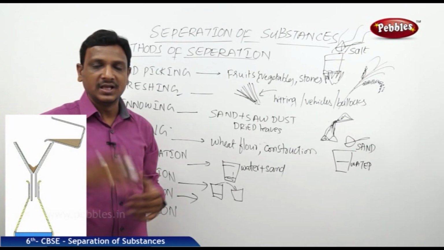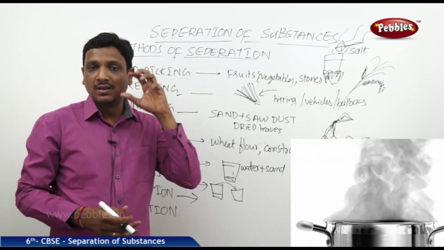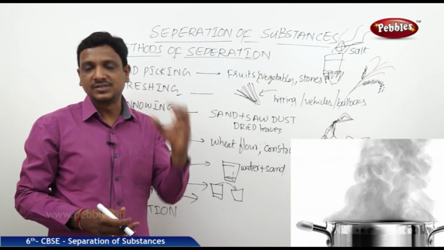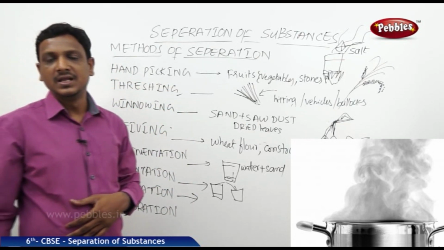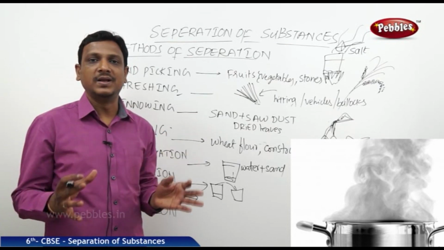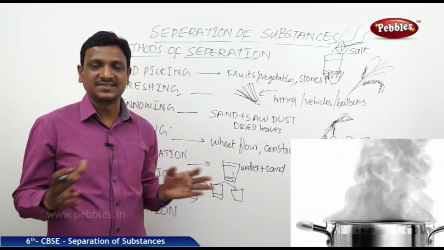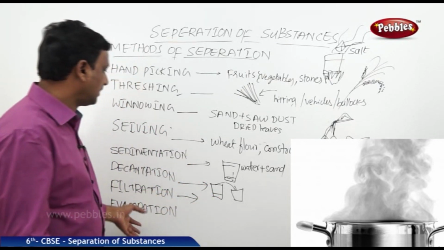So the major process running the water cycle is evaporation. In industries and factories, many liquids are separated and extracted by the process of evaporation.